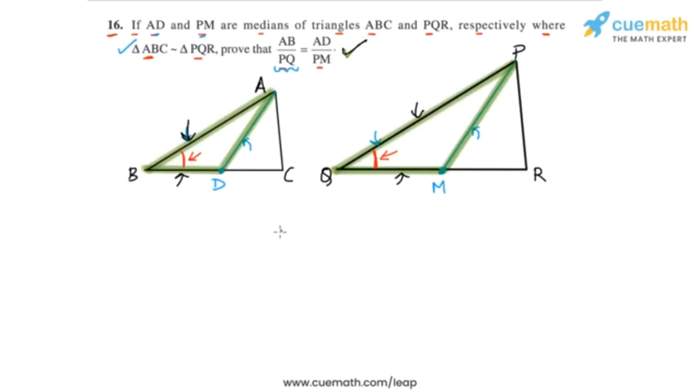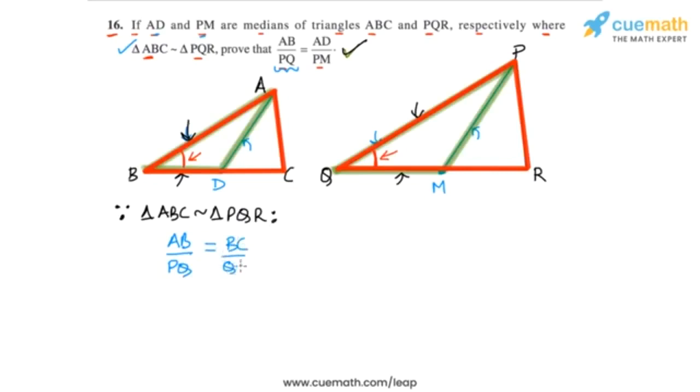Okay, so let's write out the reasoning properly. Because triangle ABC is similar to triangle PQR, which is given to us, we can say that AB by the corresponding side PQ must be equal to BC by QR. And also we can observe that BD is half of BC and QM is half of QR, correct?